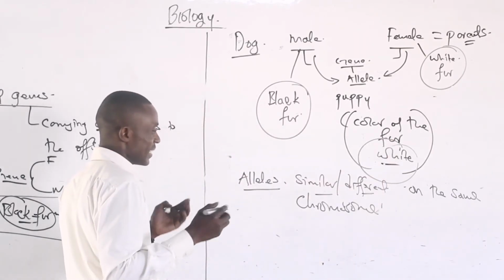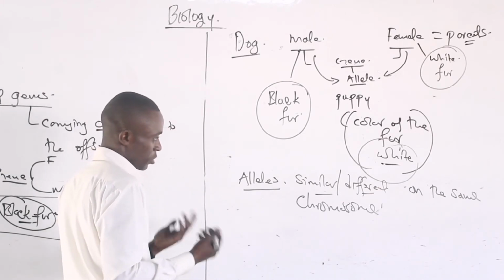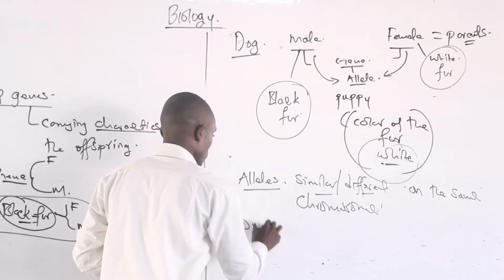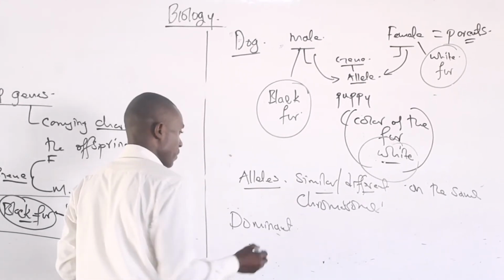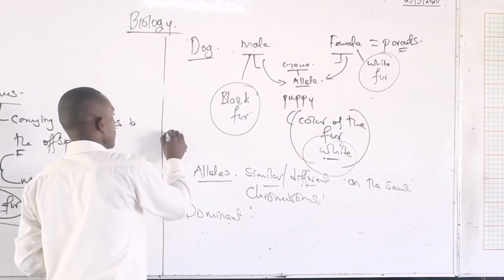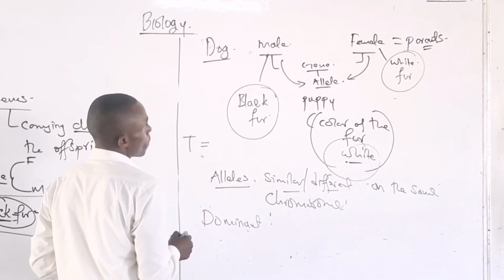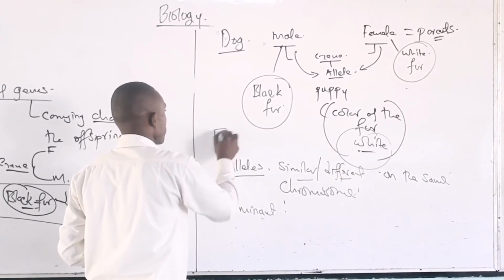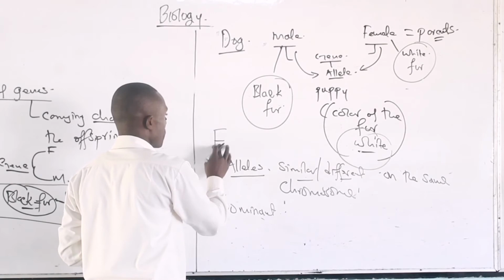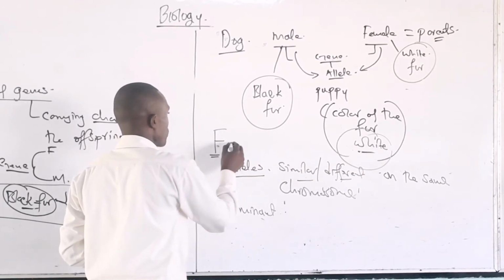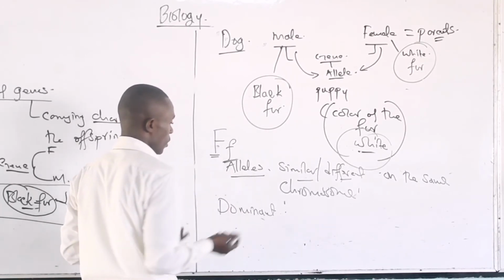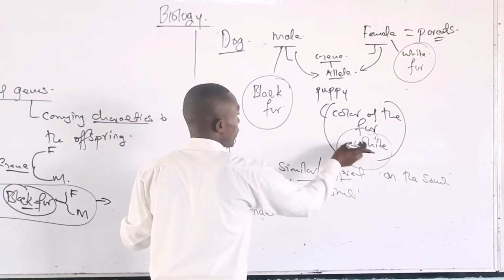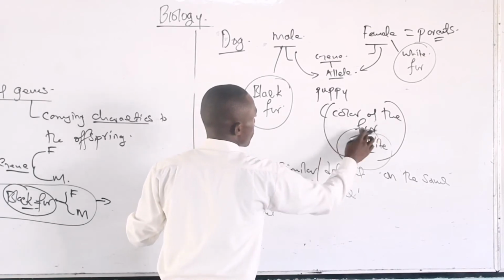And we normally use letters to denote their relationship. Let's say, for example, if the allele is dominant, we can choose a letter. Let us use the letter W. When you use a capital letter, it simply means this one is dominant. When it's a small letter, it means this one is recessive. So in this case, the color of the fur was white.